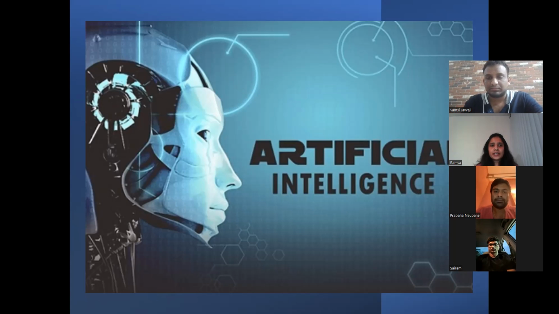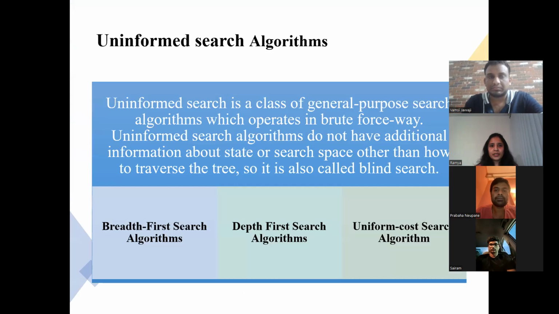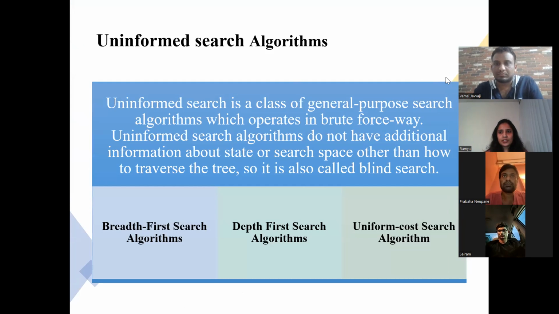Uninformed search is a term that refers to a group of algorithms that cover a broad variety of applications. These methods are brute force applications and they have no additional information about the search space. The only information they have is on how to traverse or visit the tree's nodes.